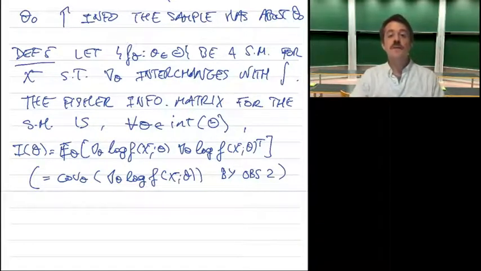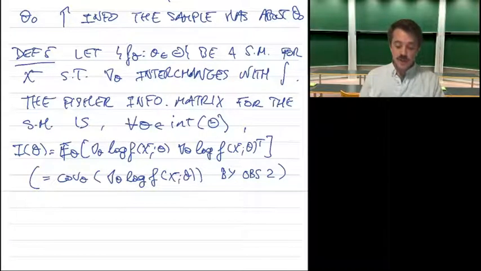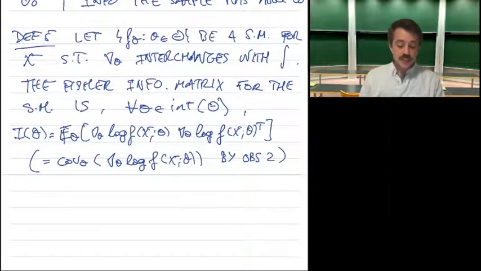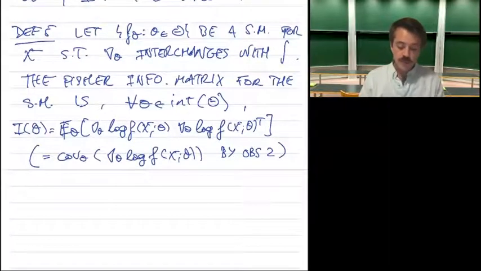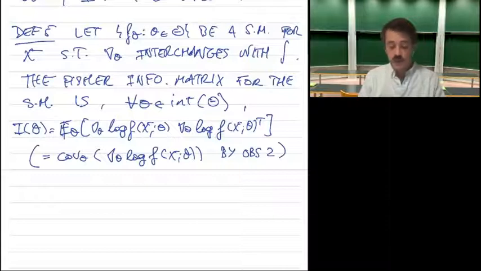Okay, so let me make a remark, because so far I haven't really said anything about the dimension of X. This actually applies to general dimension of X and theta as well. So let's make a remark.